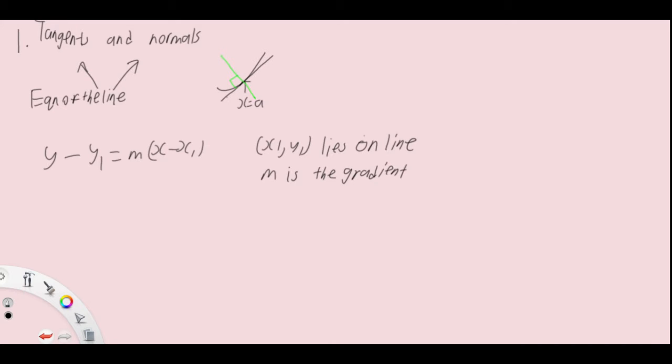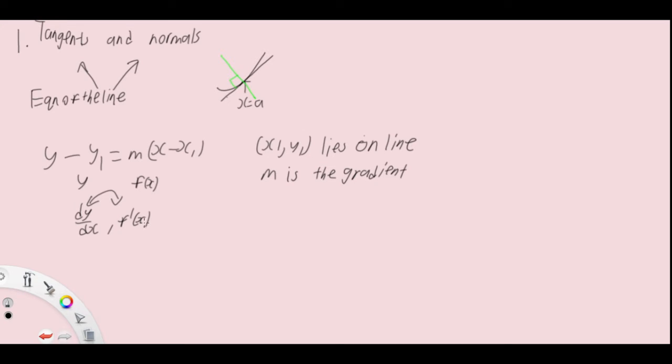And how does differentiation come into play? We know that the first derivative, whether it is dy/dx or f prime x, would mean the gradient of the original function, for instance y and f(x), right?